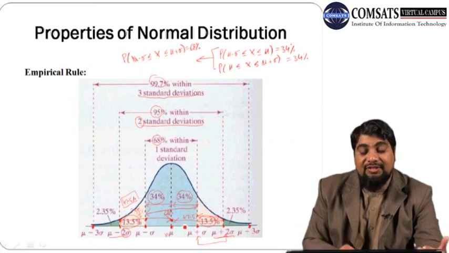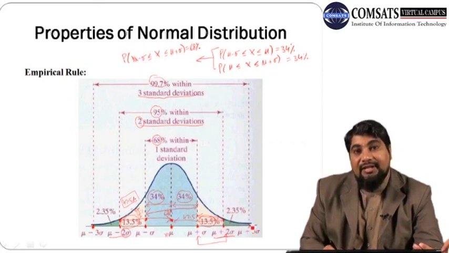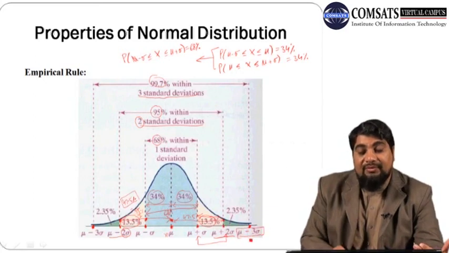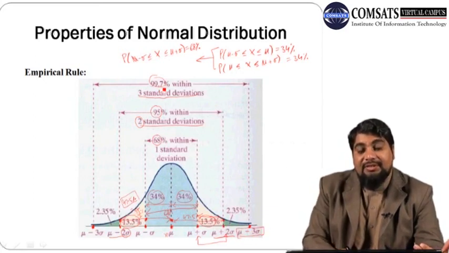So 3 standard deviations to the left of the mean, we are at the point mu minus 3 times sigma, and 3 standard deviations to the right of the mean, we are at mu plus 3 sigma.